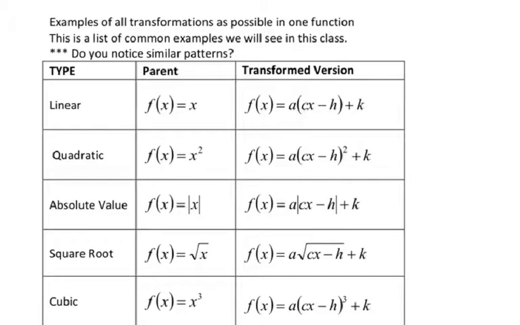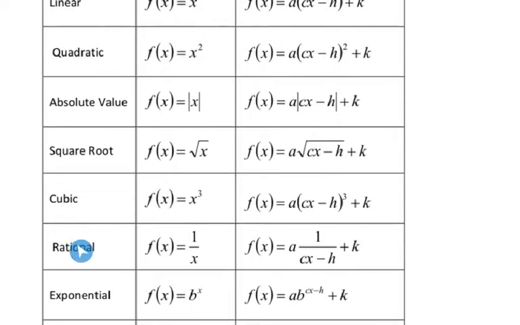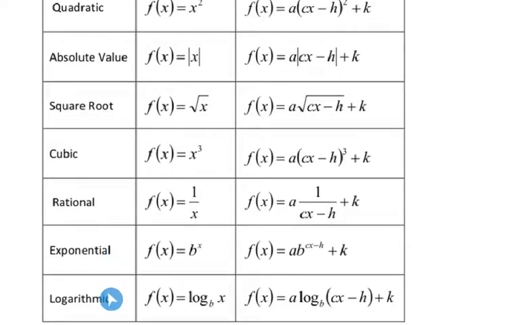I'd just like to show you some examples of what these transformations, the A, C, H, and K values, might look like in different types of functions. So linear, quadratic, absolute value, square root, cubic, the list goes on. We have rational, exponential, and logarithmic.